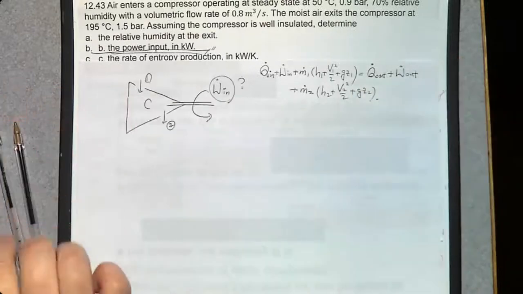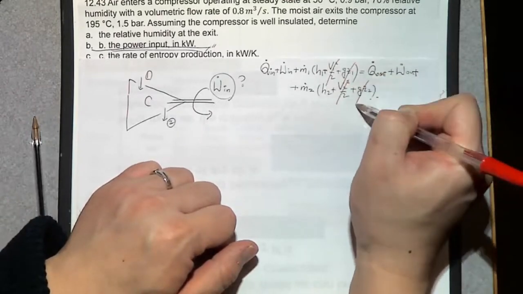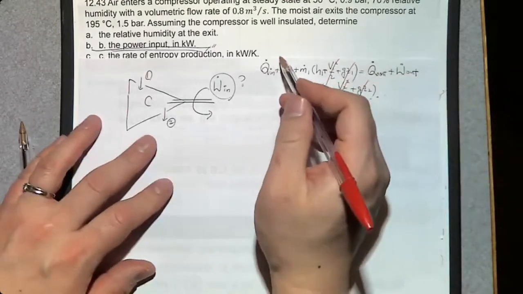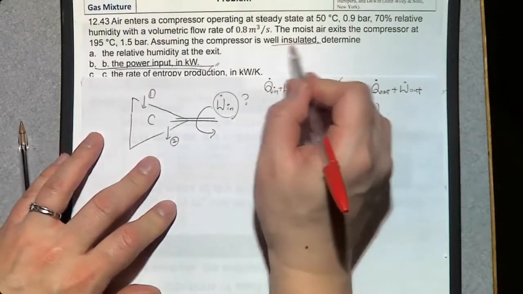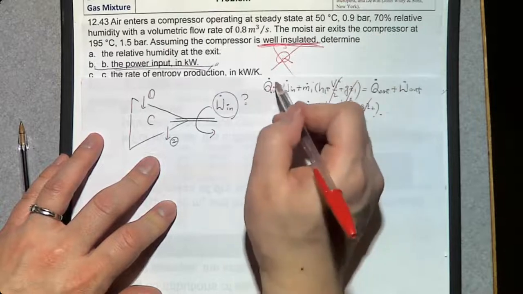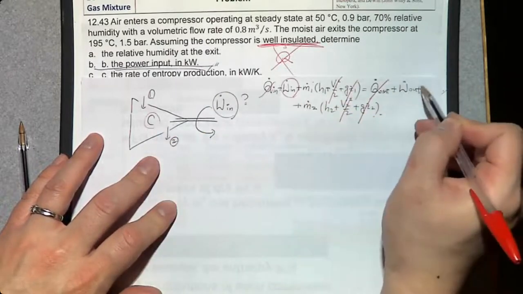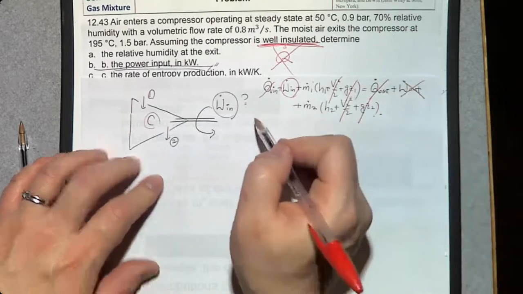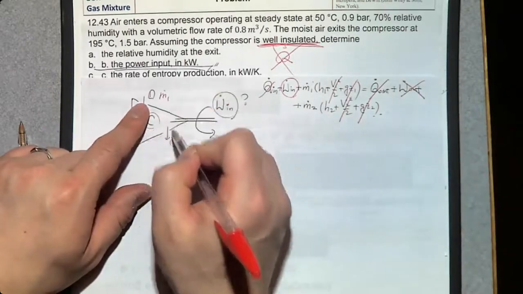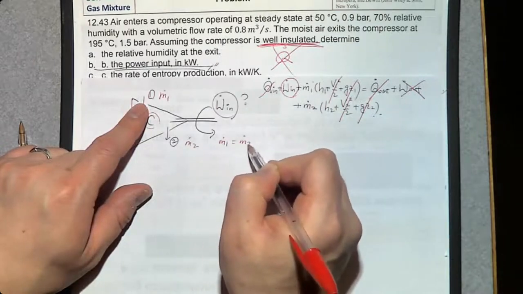From this energy balance equation, we assume that there is no kinetic energy change, no potential energy change, and it is well insulated, which means there is no Q. So we can neglect Q in and Q out, and the compressor consumes power, it does not produce power. We only have one inlet and one exit, so m dot at the inlet is the same as m dot at the exit.